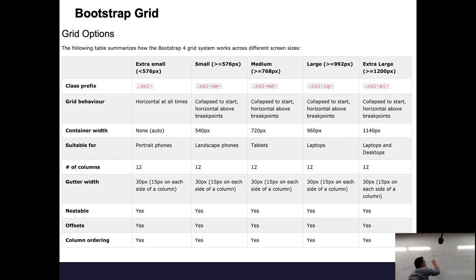I have a container tag, I have a row tag, and I'm going to come to the column tag. I can totally have col-sm-3 and col-md-9.